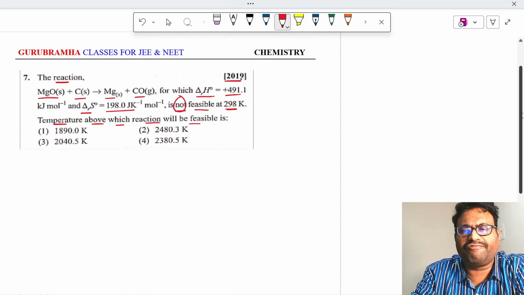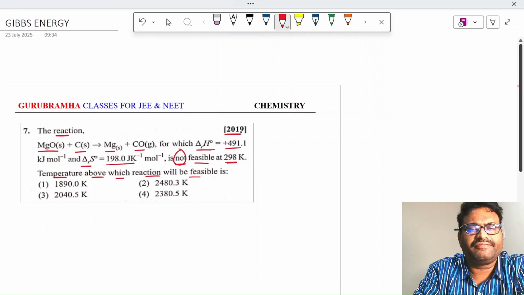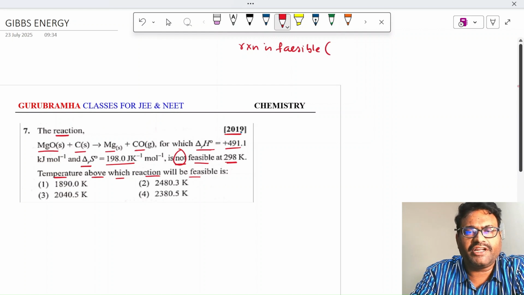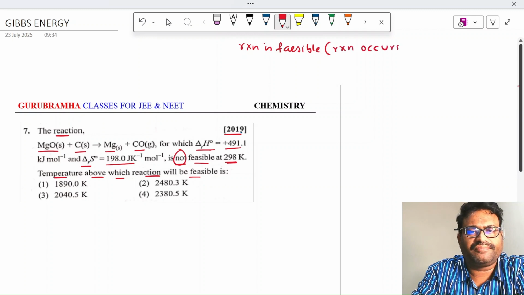What is the meaning of feasibility? Feasibility means the reaction occurs. That means reaction is feasible means reaction is spontaneous.